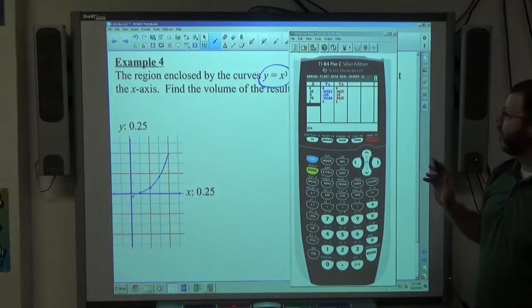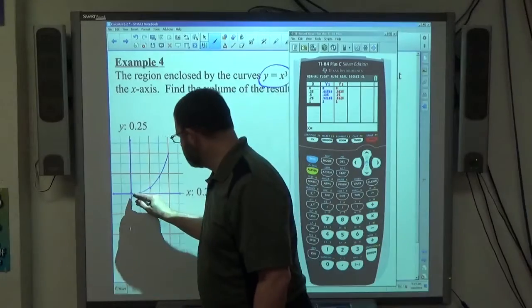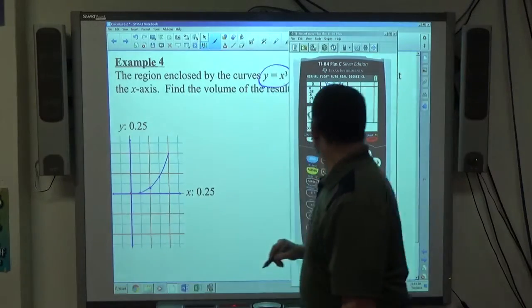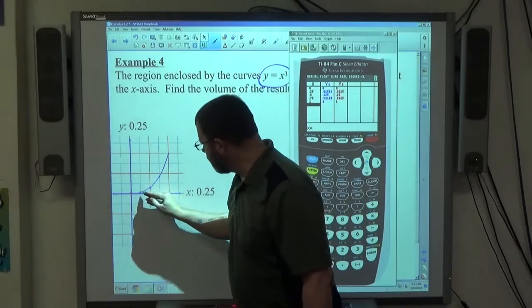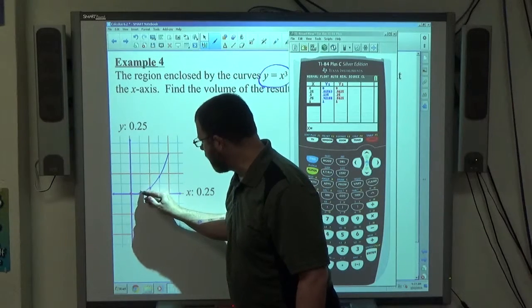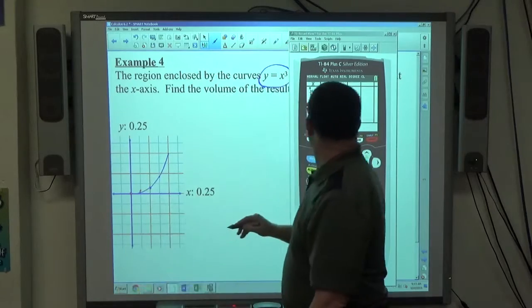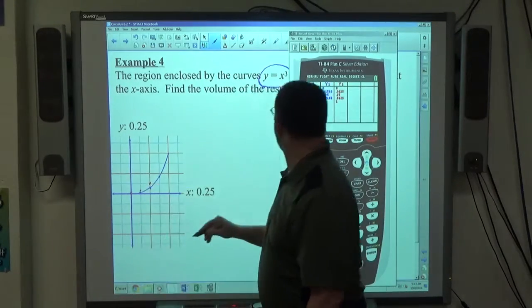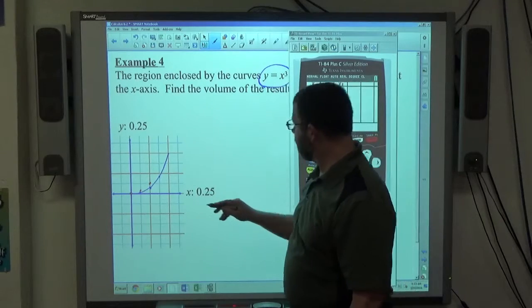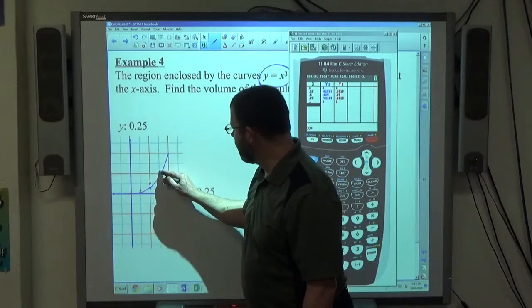Looking at y equals x squared, I've got 0, 0, same point. I've got 0.25, 0.0625, which is just slightly bigger than 0.015, so about here. 0.5, 0.25 would be right here. 0.75, 0.5625 would be about maybe here.